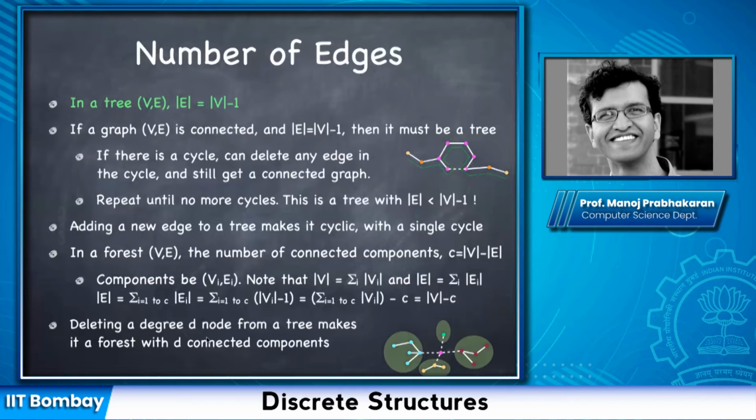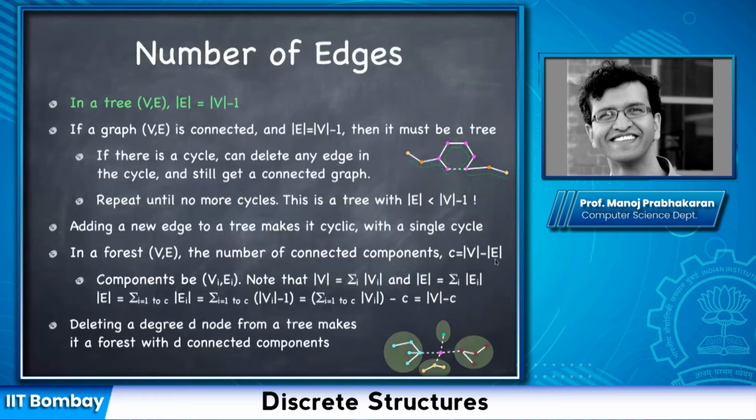When you delete the node, the size of V goes down by 1 and the size of E goes down by d. So the gap goes up by d minus 1. So the number of connected components increases by d minus 1. Originally it was 1, and now it will be d. Okay? So that's what happens when you delete an arbitrary node in a tree.